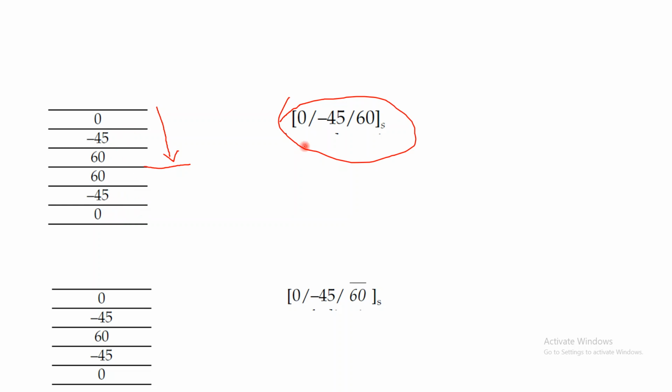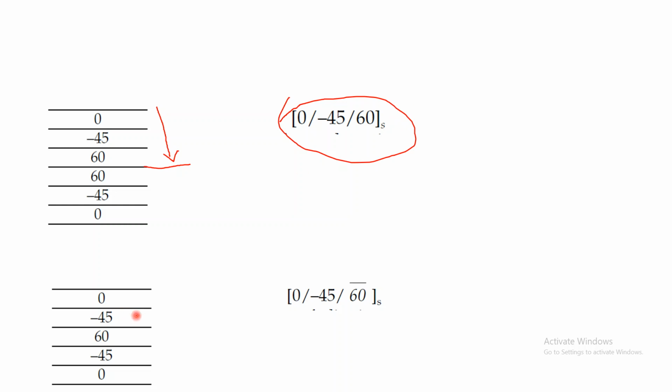Okay, so in this way it is symmetrical about the midplane. That's why, when I represent only the top layer angles, I will put a subscript S on the whole matrix, so that it represents the symmetric laminate.